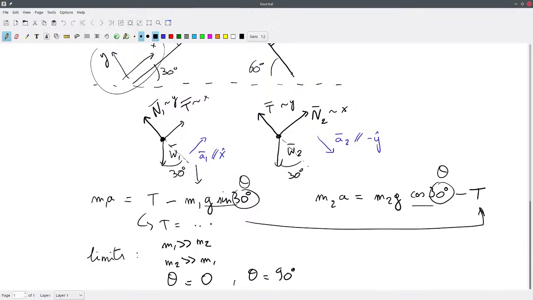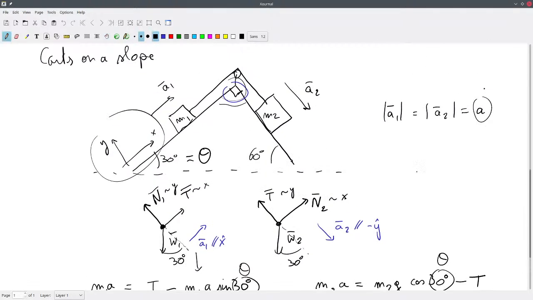If this is equal to theta, the angle that the first plane makes, and theta is equal to 0, we end up in exactly the same situation we were in for the previous problem. In the case of theta equals 90 degrees, we actually have the situation where the blocks have their roles reversed, right?